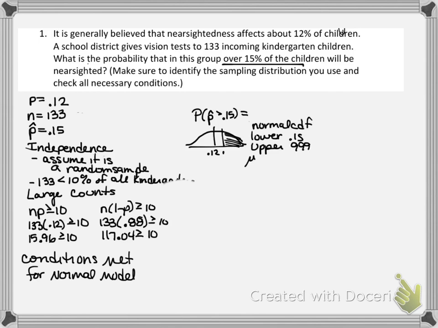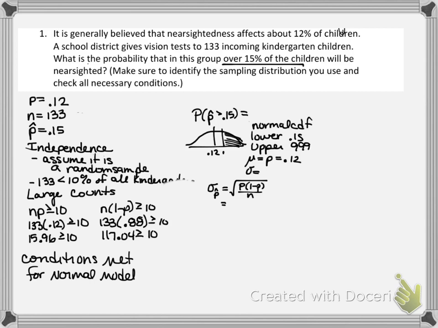My mean is going to be p, which is 0.12. And I need to find the standard deviation. I haven't done that yet. So the standard deviation of p hat equals the square root of p times 1 minus p divided by n.